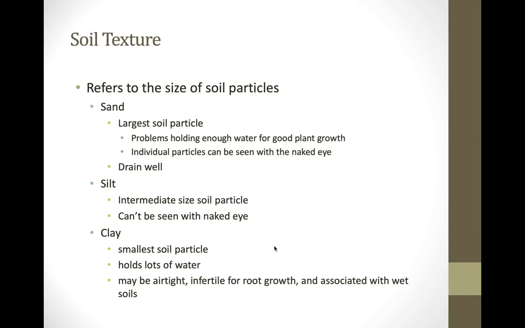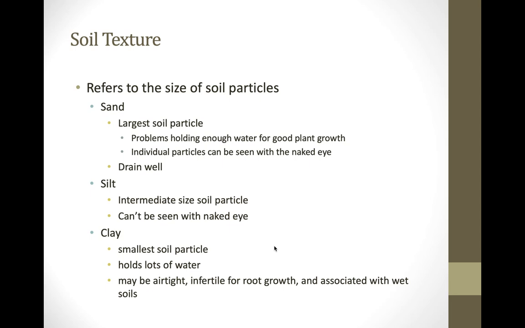So much smaller as compared to what we looked at with those sand particles themselves. Silt particles are going to cling together a little bit more tightly. There's going to be less room for air and water, and water is not going to move through it as quickly, because you can cram a whole lot more tennis balls into my classroom than you can cram basketballs into my classroom, just simply because of the size of them.